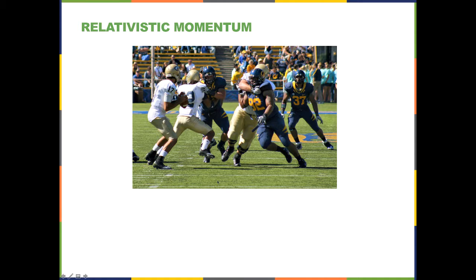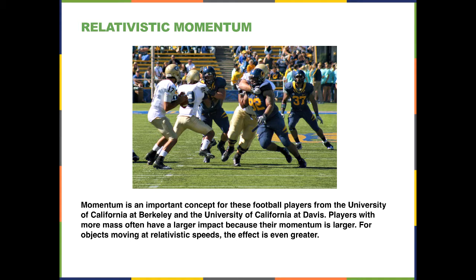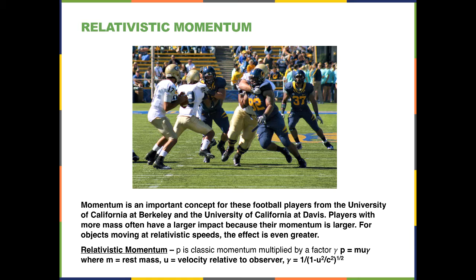Now, obviously, if relativity can affect velocity, it can also affect momentum. So there are relative changes in momentum at high speeds. Momentum obviously is important, but the effect can be even greater when taking relativistic calculations into effect. Classic momentum is p equals the mass times the velocity, in this case m times u.